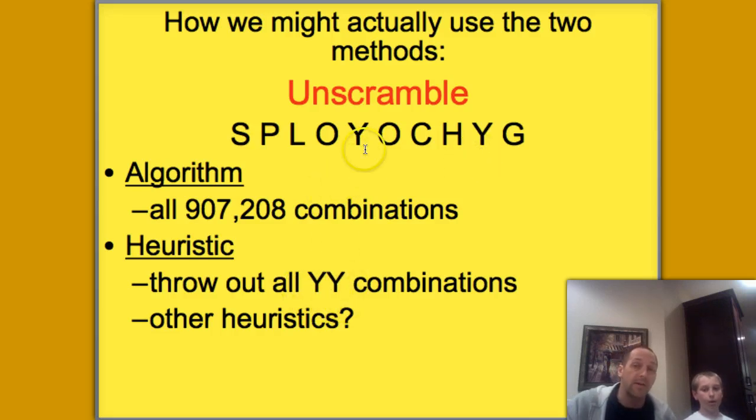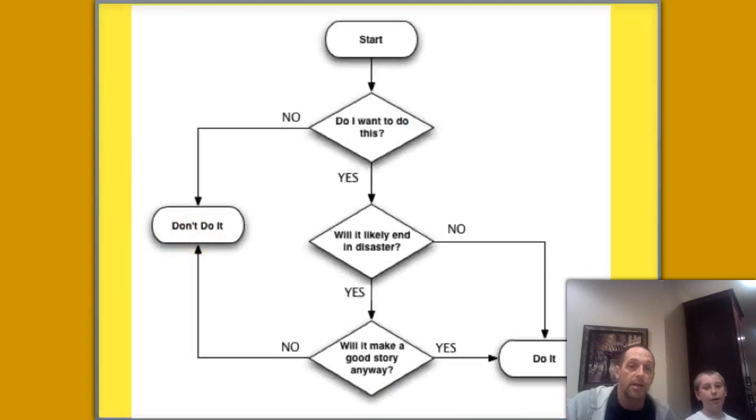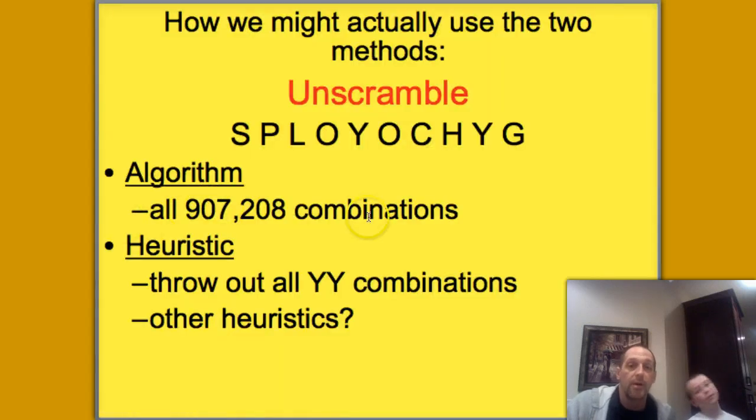So we have two Y's here, and we can throw out every single possibility where a word we're checking might end, begin, or have YY in the middle of it. We wouldn't have that. So you would be reducing the number of times you would have to check using your algorithm. But anyway, that's a heuristic.